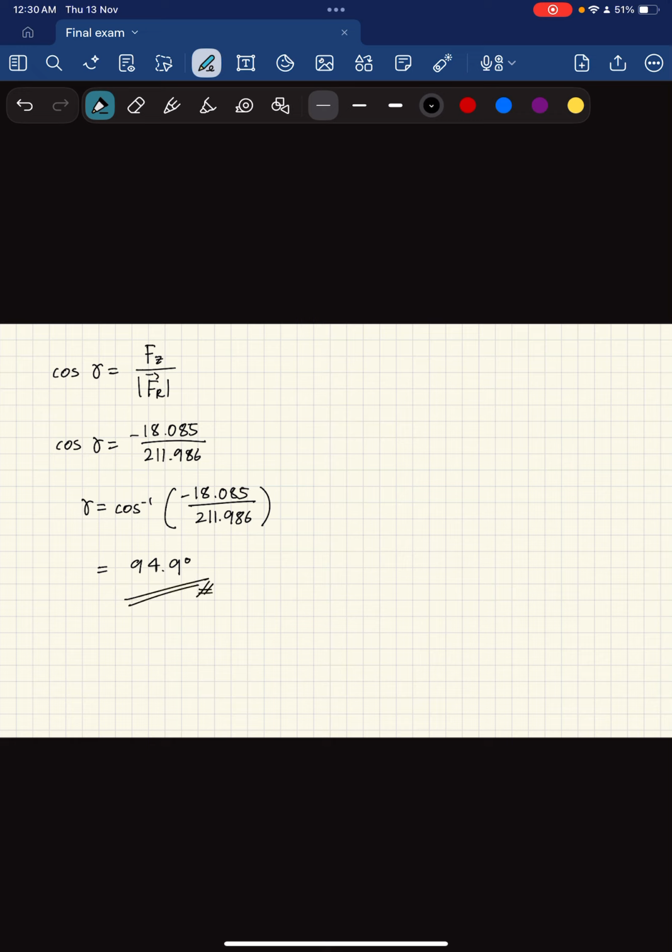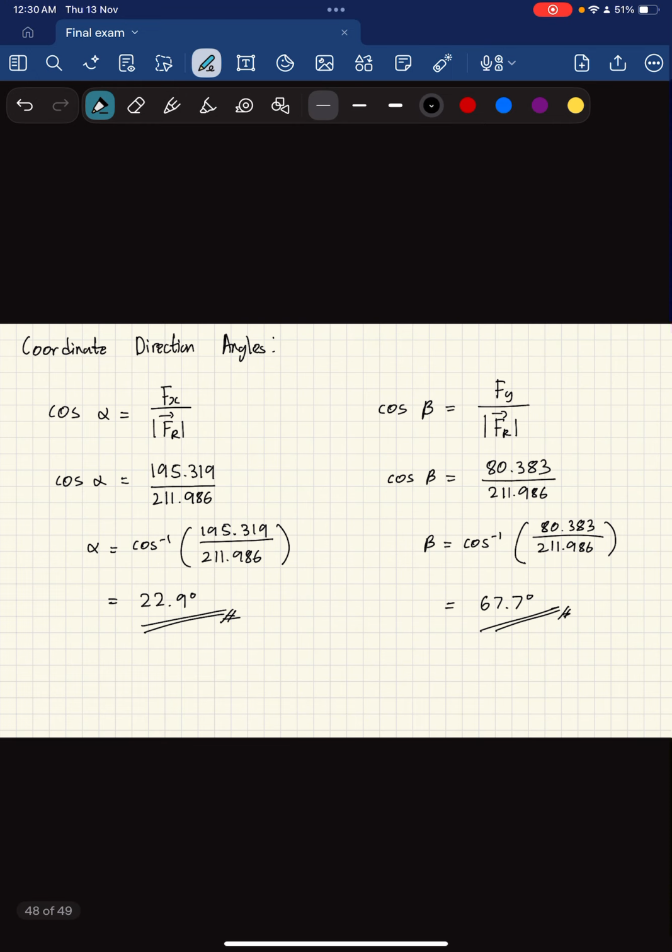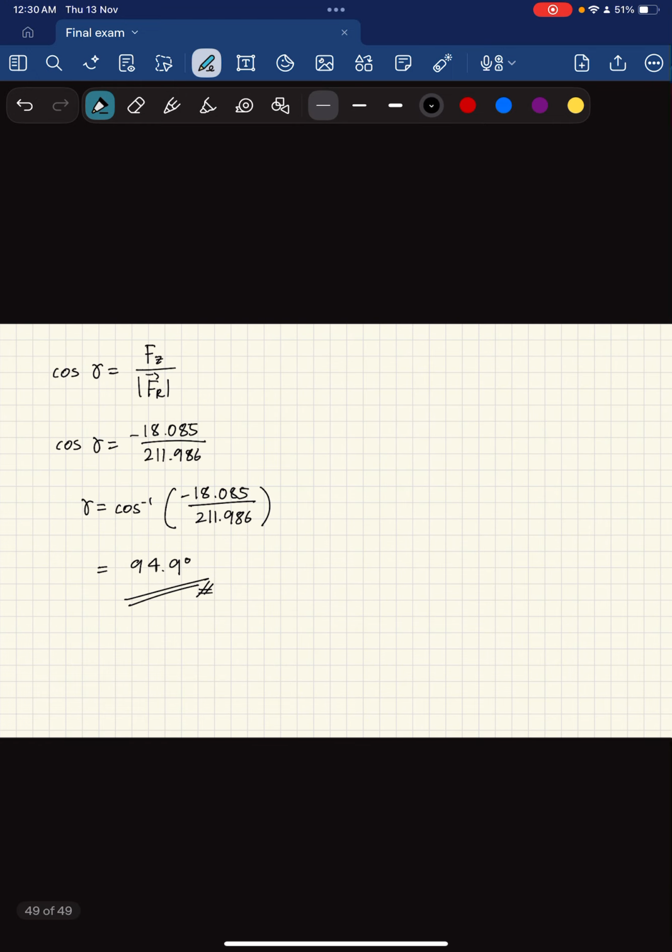Our next job is to sketch the vector in the coordinate system. For the sketch, it's fairly straightforward.